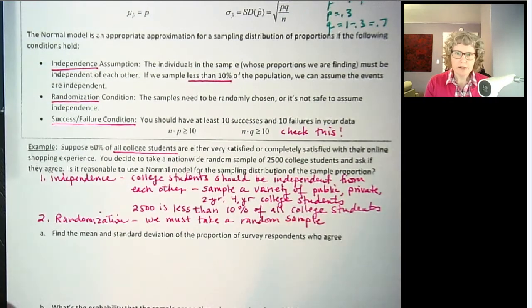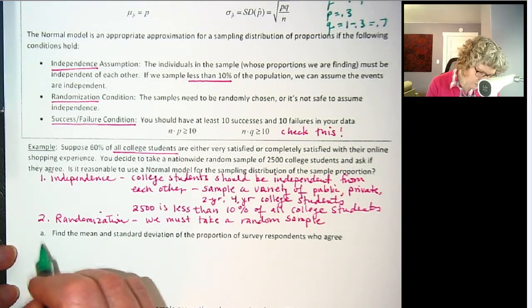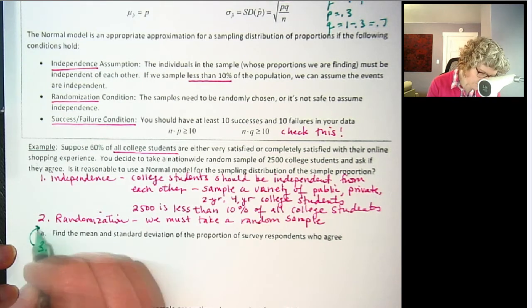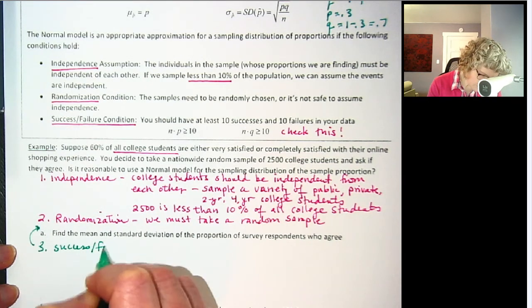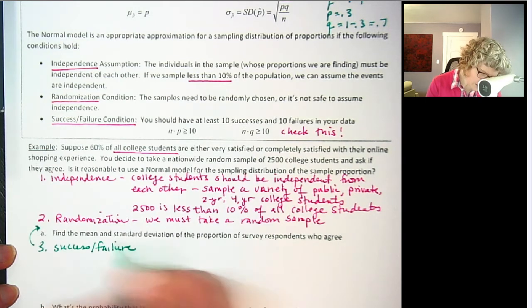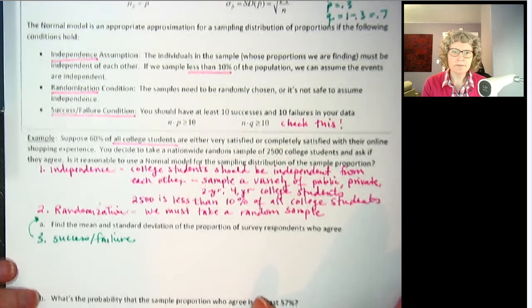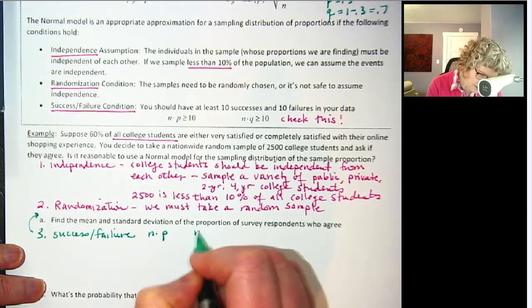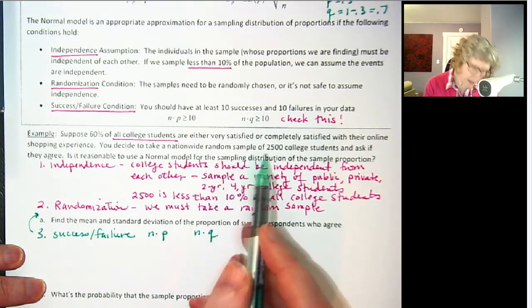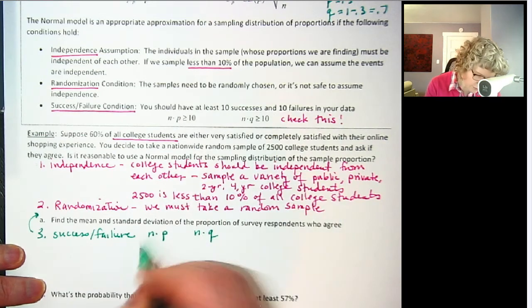Okay, and then success failure, I'm actually just going to go right down here. Success failure condition, n times p and n times q. So our n is 2,500.